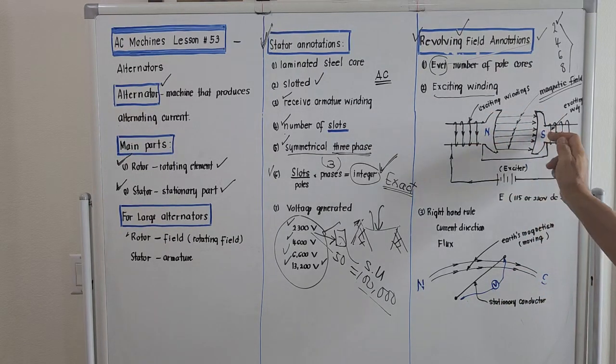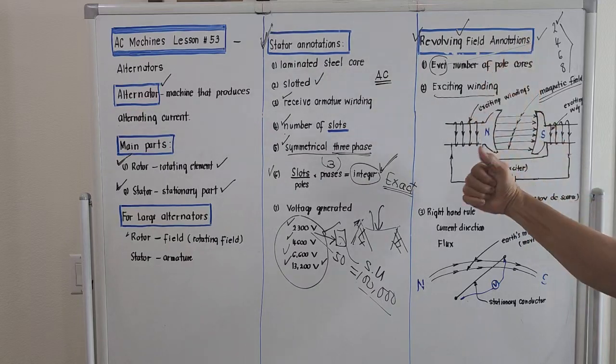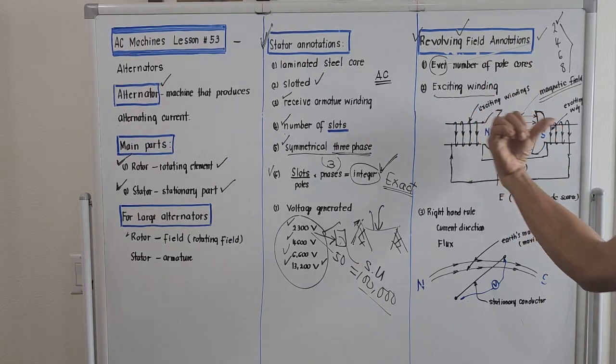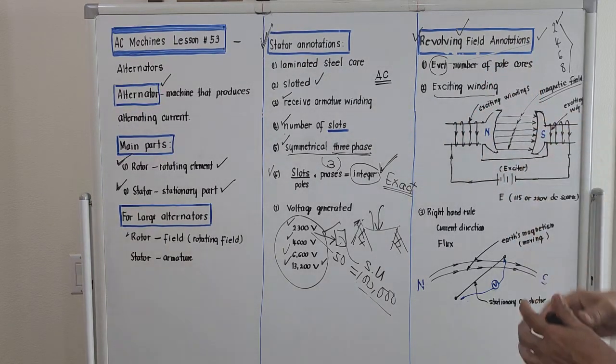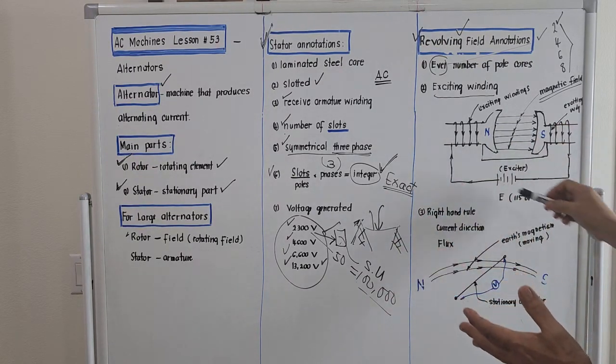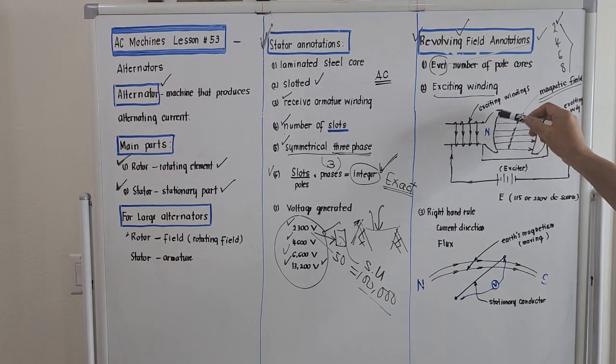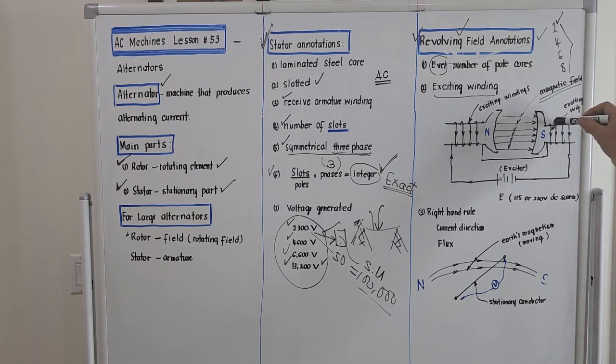So with this configuration, this will be north, the current is downwards, and the thumb shows the direction of the magnetic flux. So if this is north, this will become south. Whether we like it or not, if this winding is energized, the flux will emanate from here and go here.